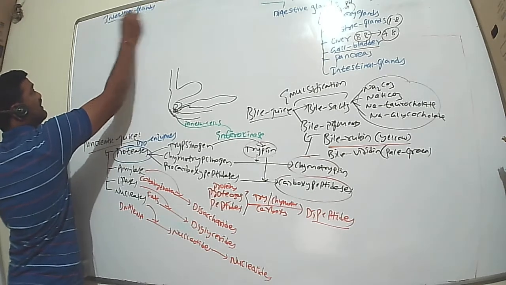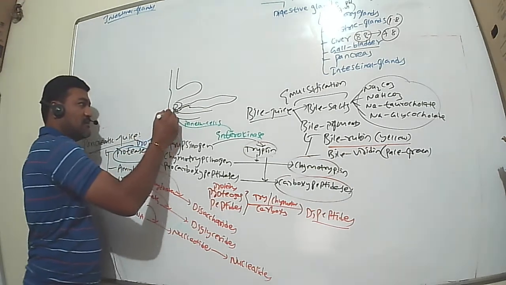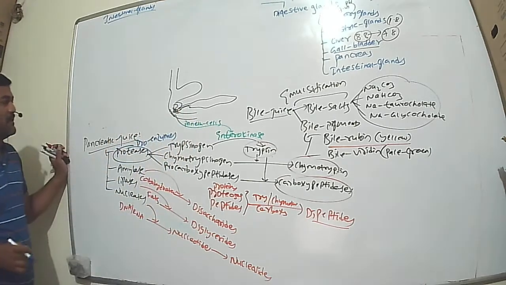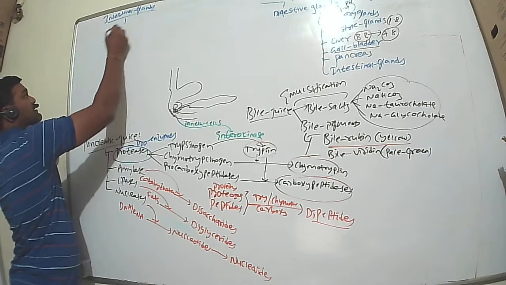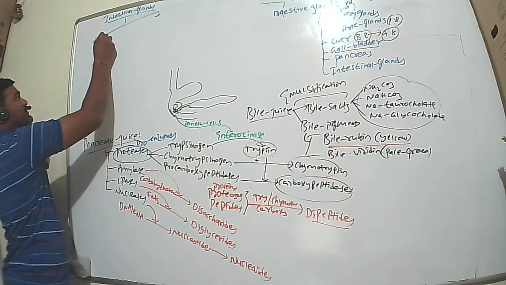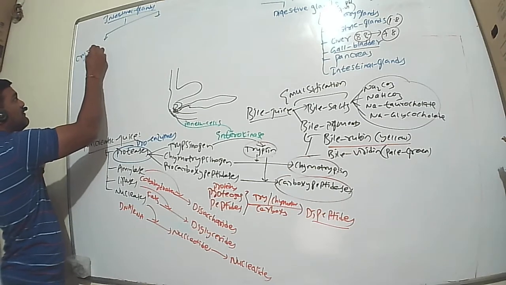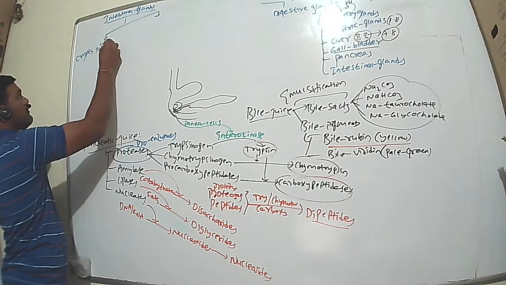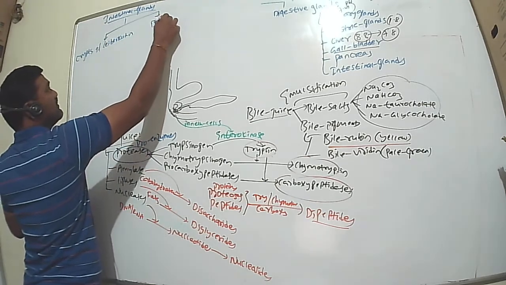The intestinal glands are found in the mucosal epithelium of the small intestine, and these intestinal glands are of two types. You have the crypts of Lieberkühn, and the Brunner's glands.